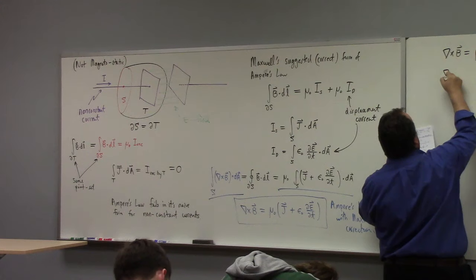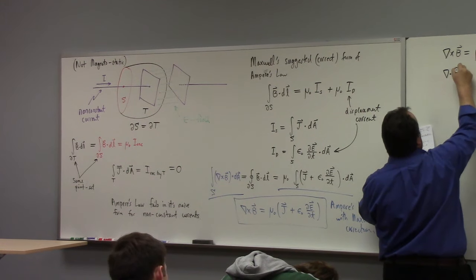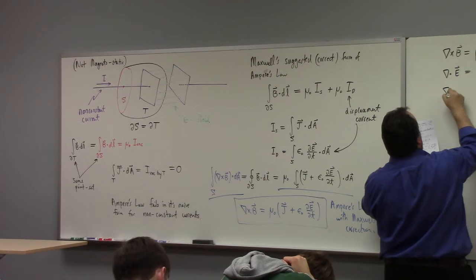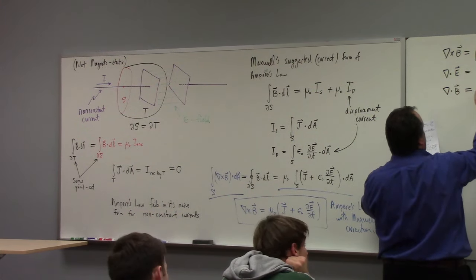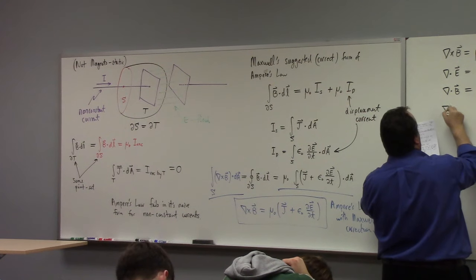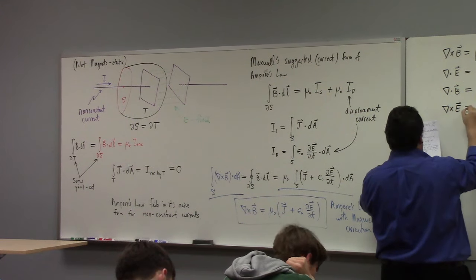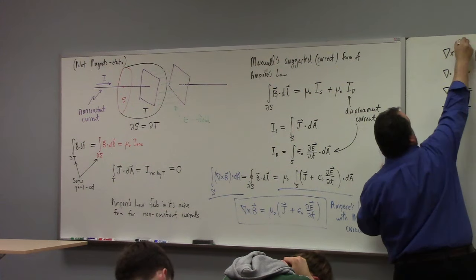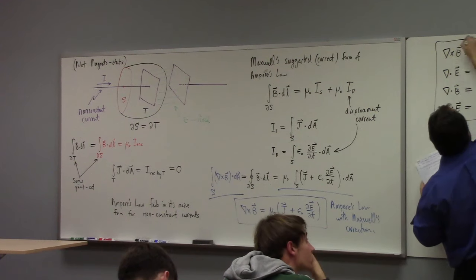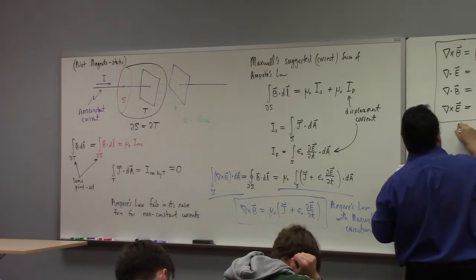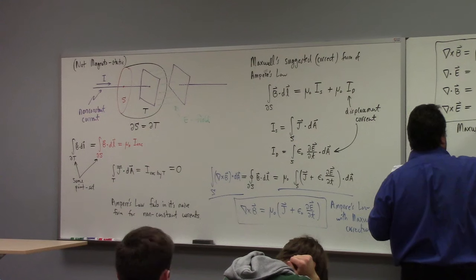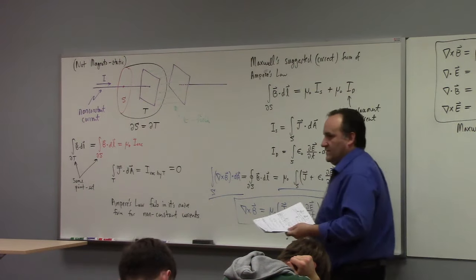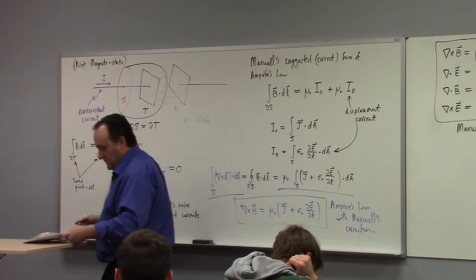We also have the divergence of the electric field is rho over epsilon naught. We have the divergence of the magnetic field is 0, and we have the curl of E is equal to minus partial B partial t. These collectively are called Maxwell's equations.